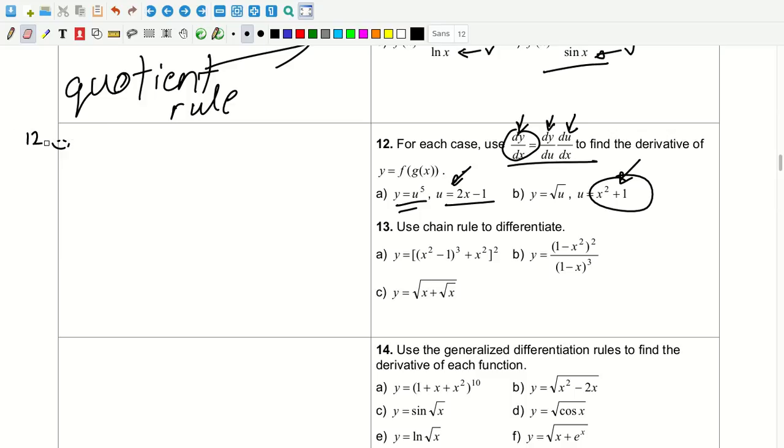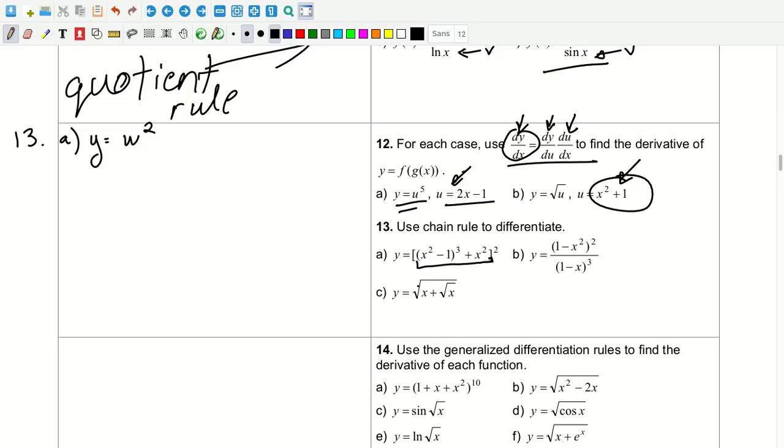Okay, so we've got 13a. Yeah, we're actually going to have to do 2 sets here. y equals w squared, so this whole thing I'm calling w.